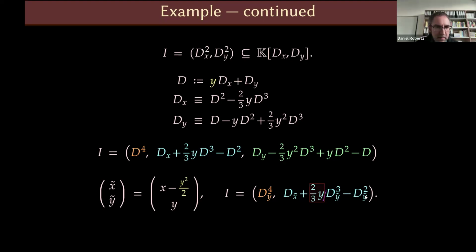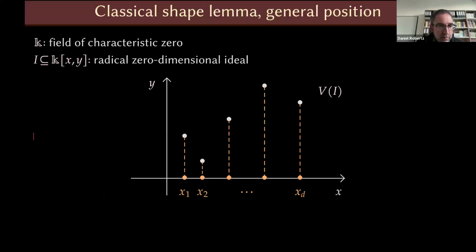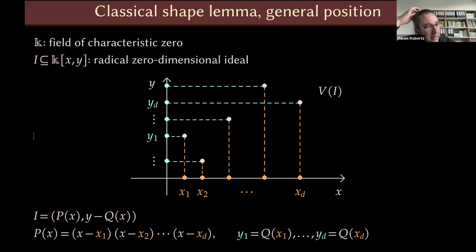Further questions? Maybe I have a straightforward question while I'm looking at the chat also. So the original shape lemma for varieties, in commutative algebra: you have, let's say, two variables. You have one polynomial in X only, and then the other polynomial expresses Y. So from the perspective of solving, finding the points of the variety, you would factor the polynomial capital P, find the roots of this univariate polynomial, plug into the other one, and you get the Y coordinates.